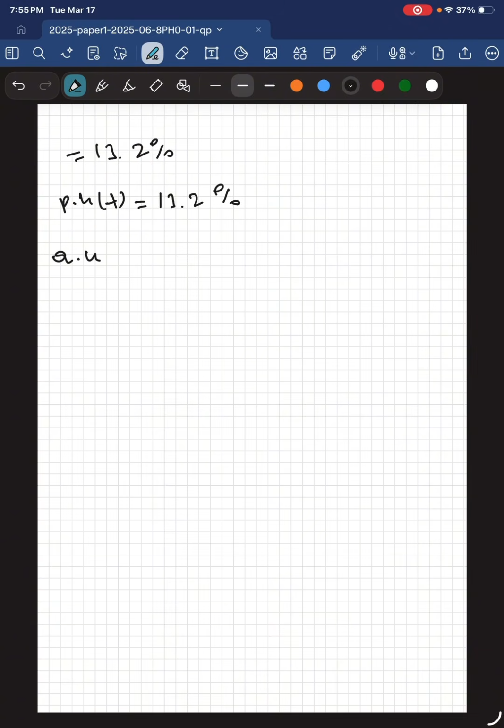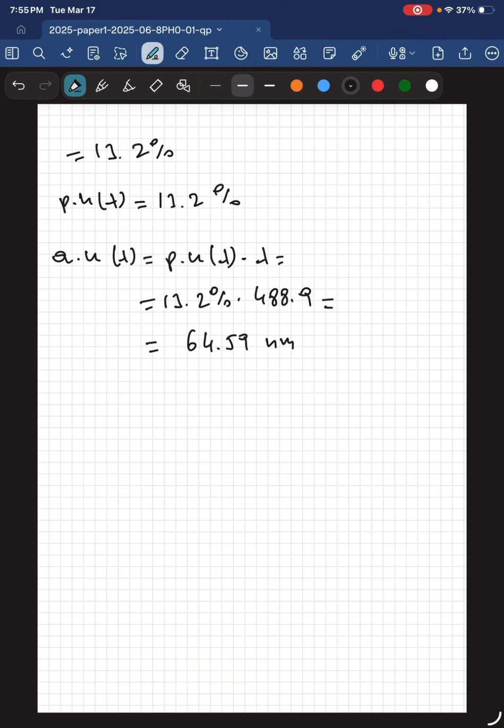13.2%. So the percentage uncertainty in lambda is 13.2%. Now the absolute uncertainty in lambda is equal to the percentage uncertainty in lambda times lambda. So 13.2% times the value we just calculated, which is 488.9. So this yields 64.59 nanometers.